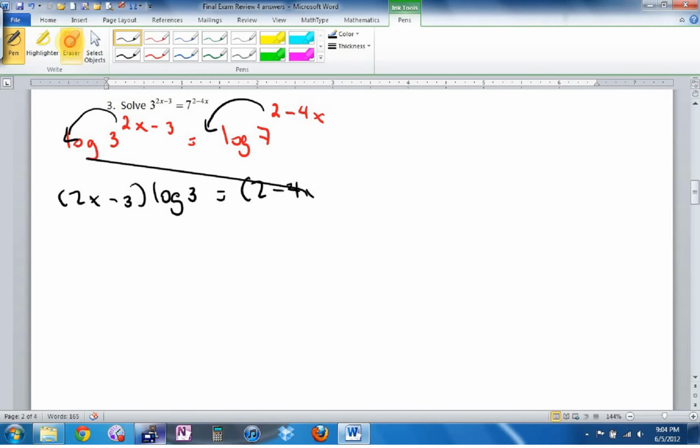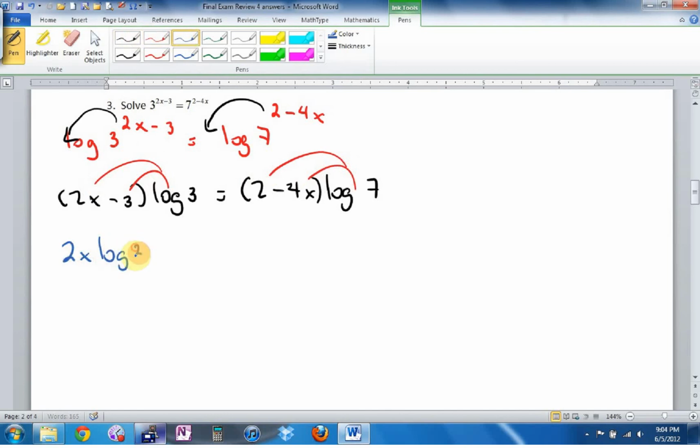Whoa! Pen acting haywire here. 4x log 7. Multiply in to get rid of brackets. 2x log 3 minus 3 log 3 equals 2 log 7 minus 4x log 7.